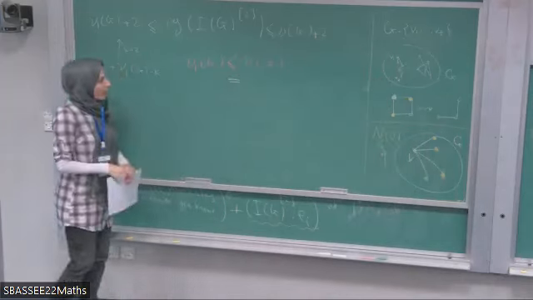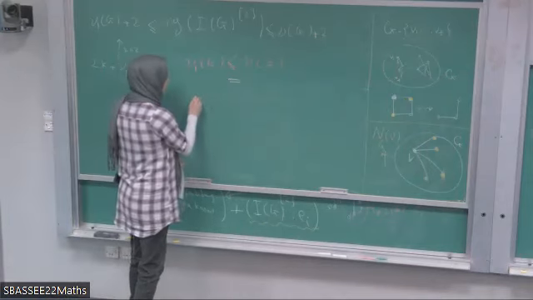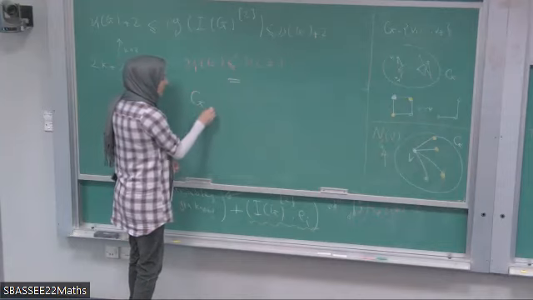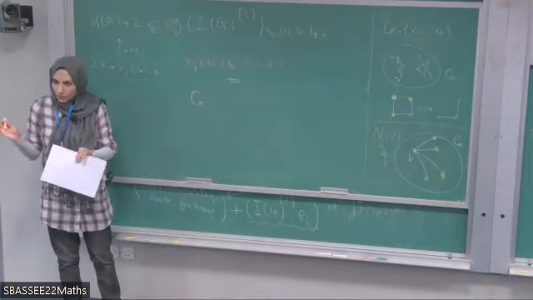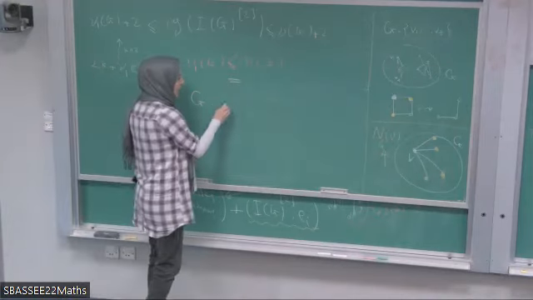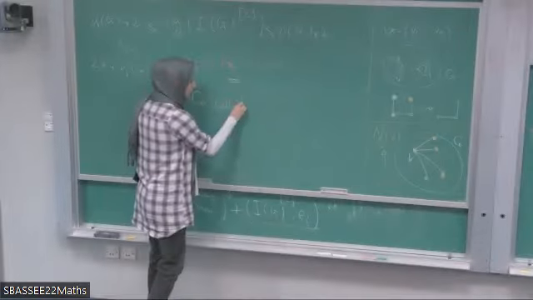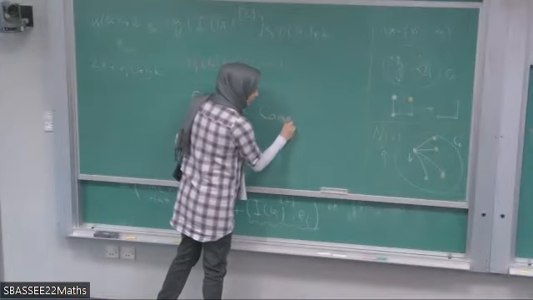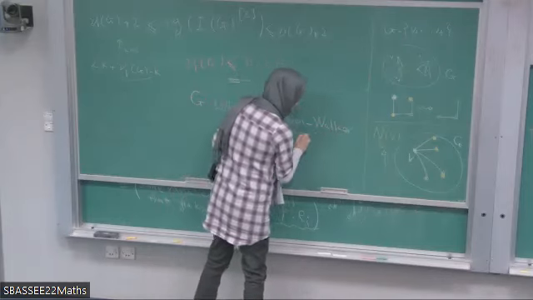For those graphs for which we have such an equality, those graphs are characterized, and they have a very nice combinatorial characterization, and they are called Cameron-Walker graphs.